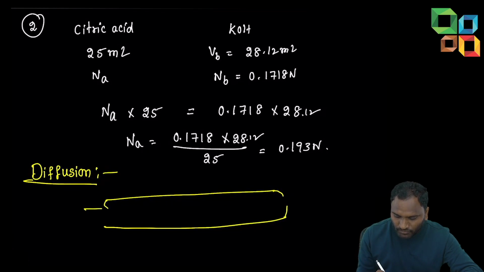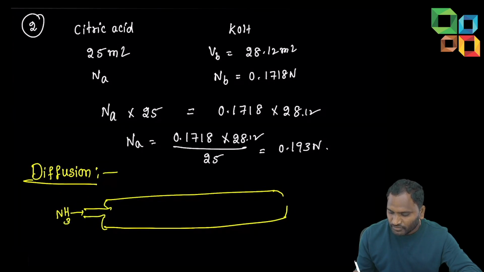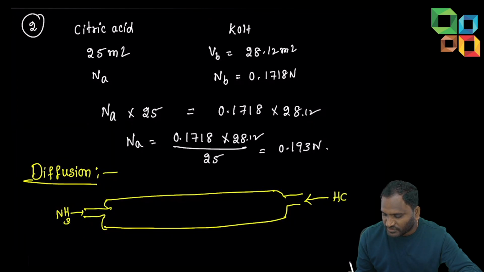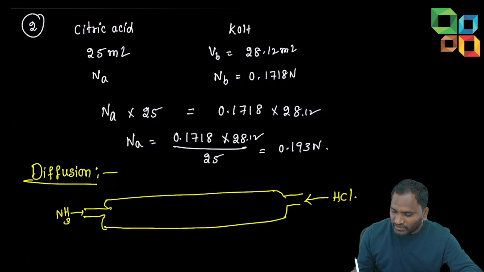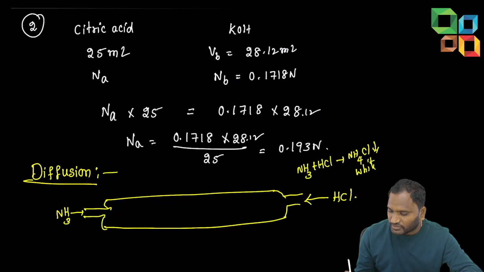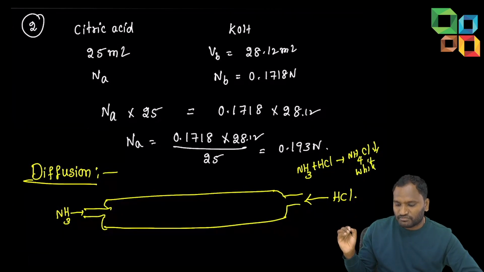From this end, I am sending ammonia gas. From this end, I am sending HCl gas. Once NH3 and HCl meet, they form ammonium chloride, which is white in color. A white precipitate will form.